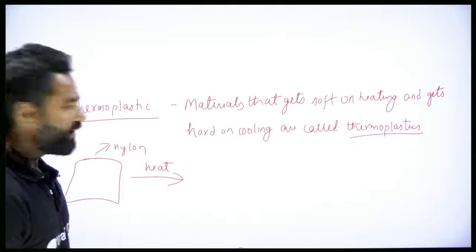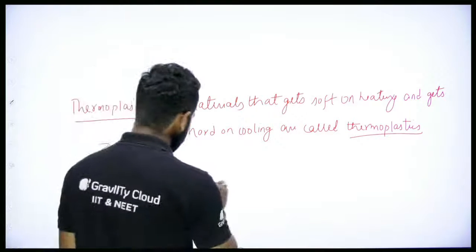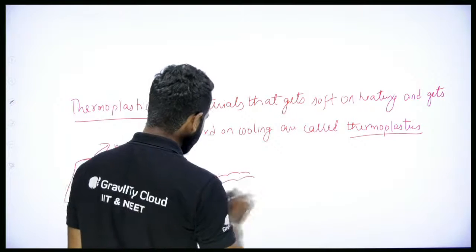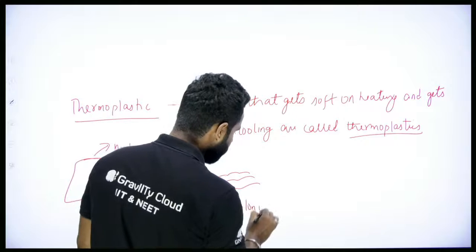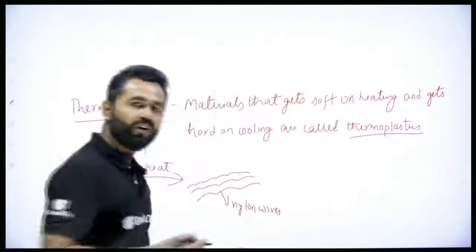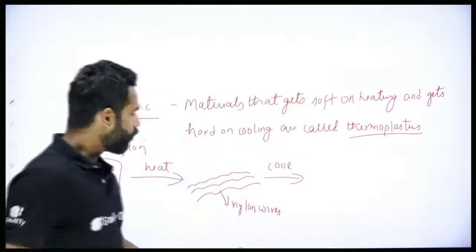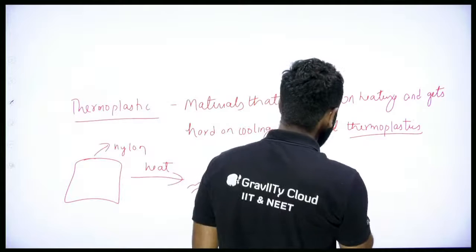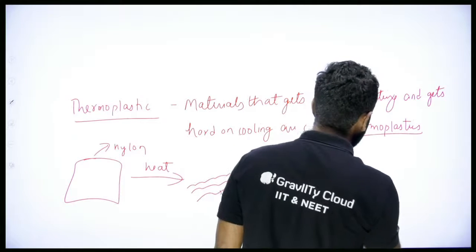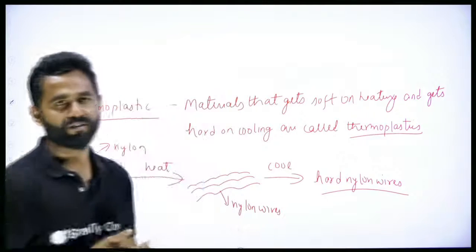Now you can stretch it and convert it into wire, so I will get nylon wires. Now you can cool it. When you cool these nylon wires, they will become hard, and now we can use these nylon wires.